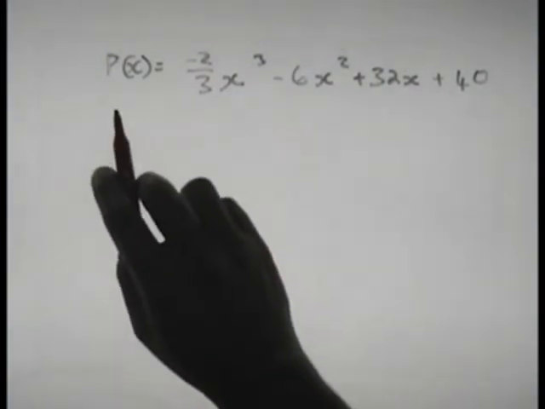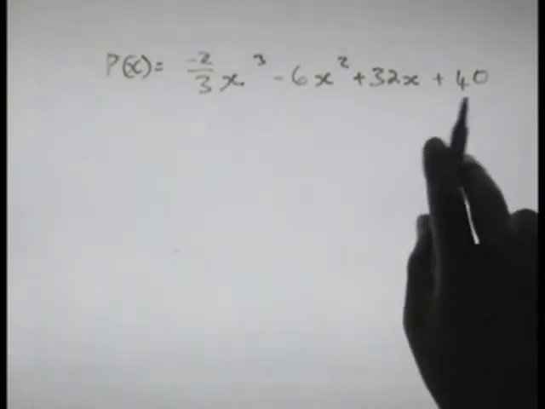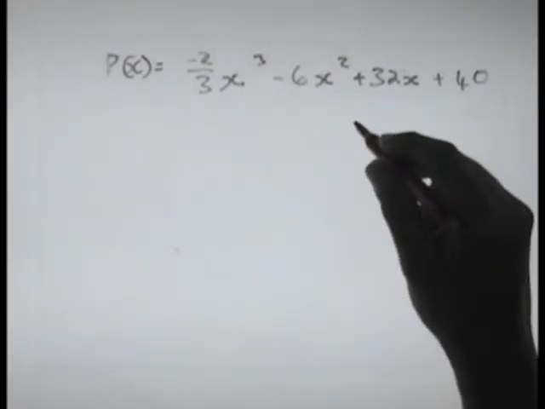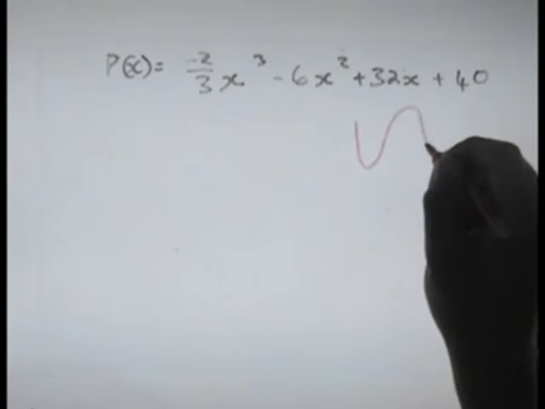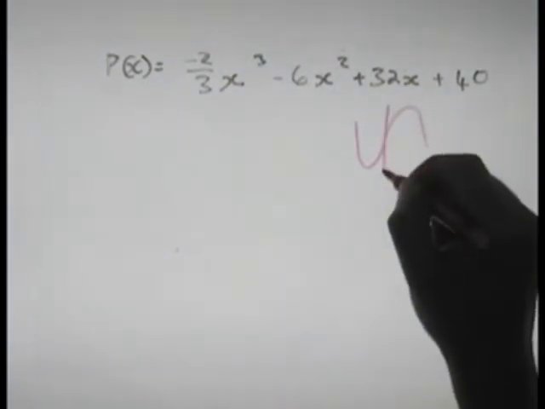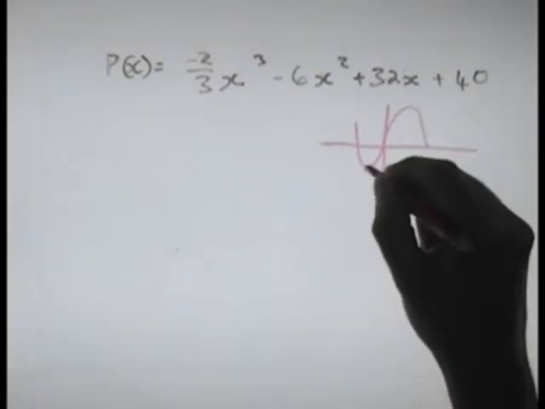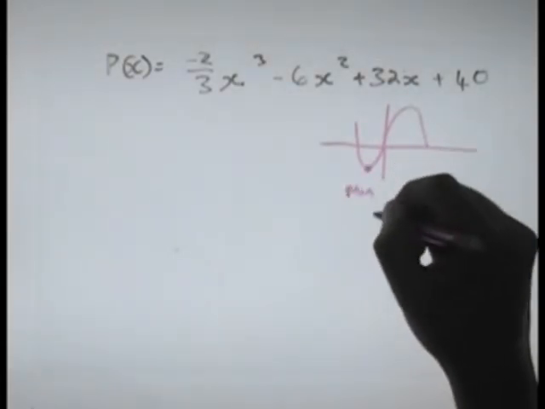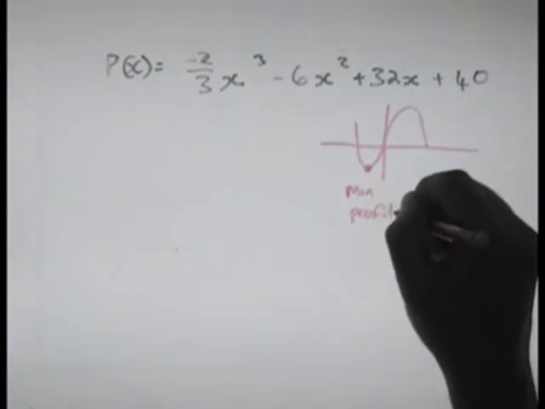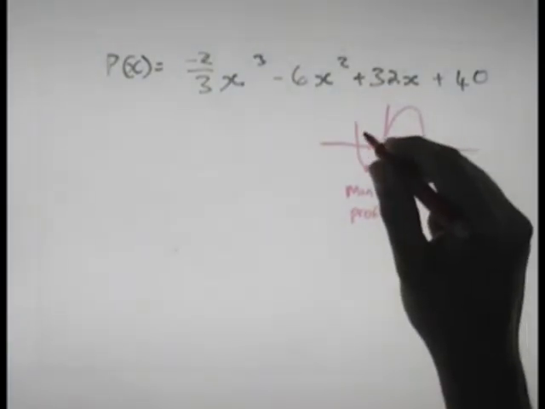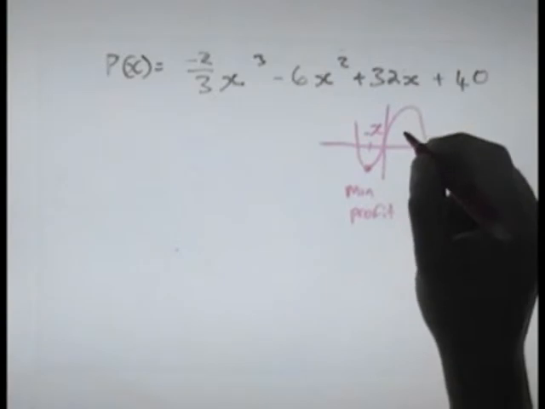Now remember that if this is the profit function, it means that our profit is following this type of shape. And I'm guessing our axis is going to go somewhere over there, which means that this is our minimum profit, which also has negative customers, which we can't have, right?